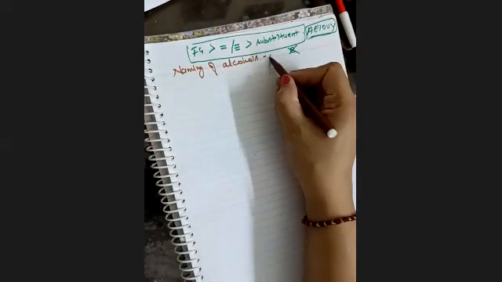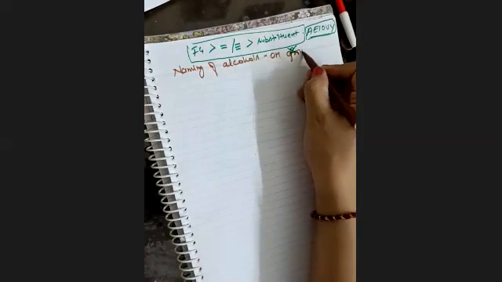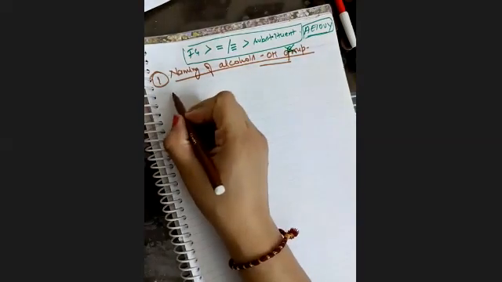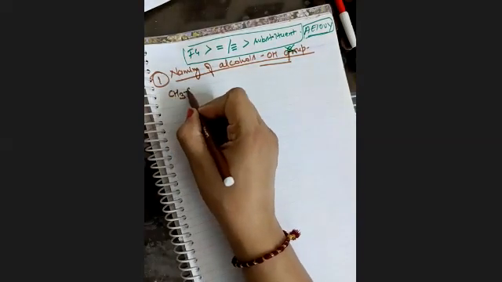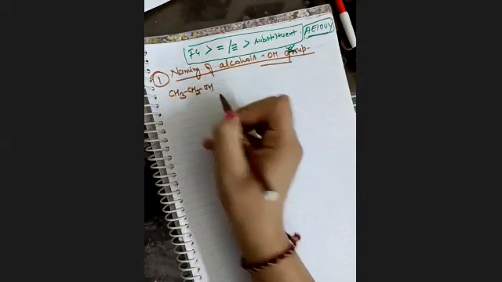Or you can say OH group. This is the first functional group, OH group. Okay. So first start. CH3, CH2OH. Remember this thing.